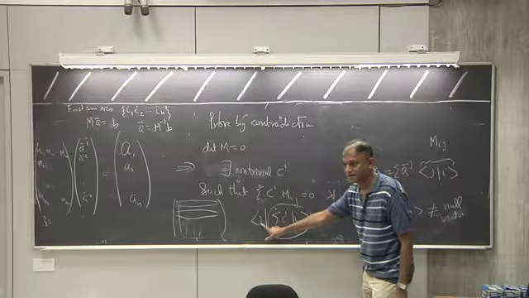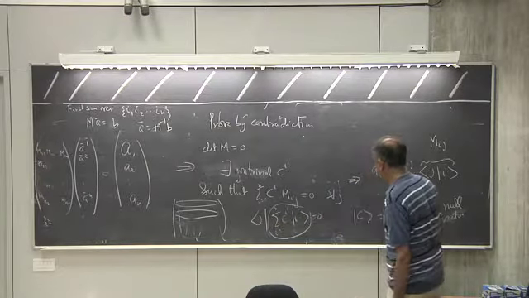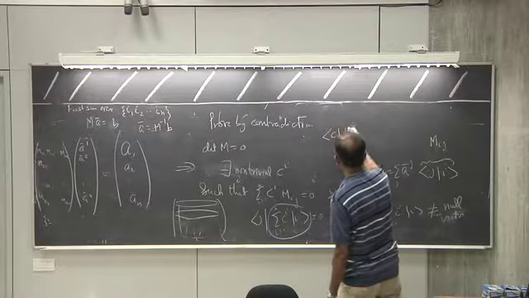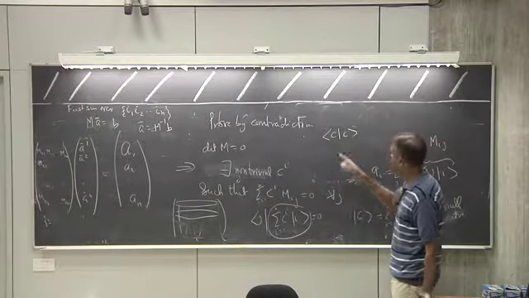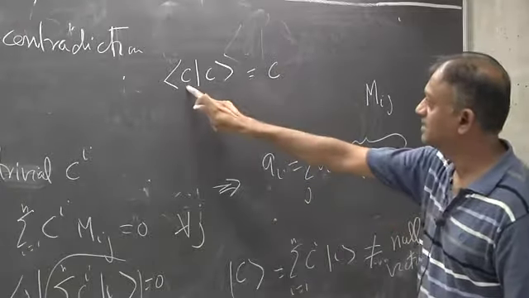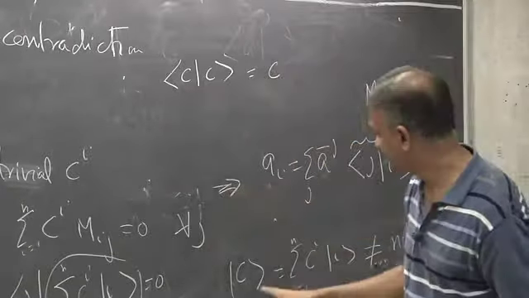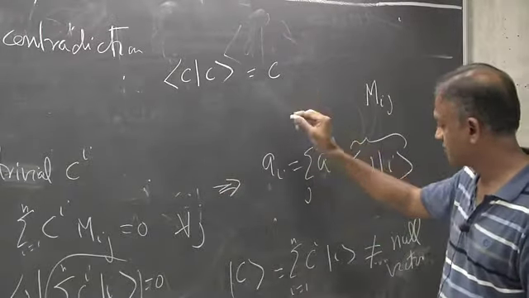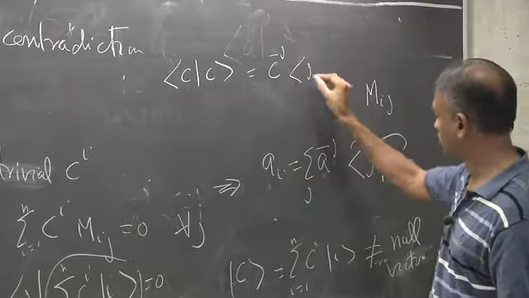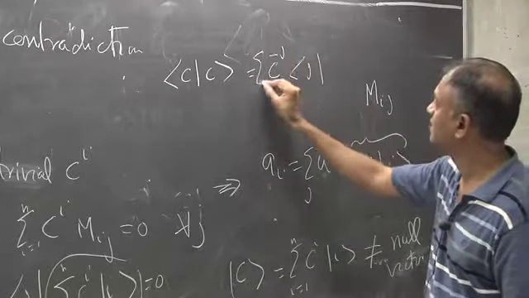Okay. So in particular, if you take C with C, right? What is C with C? Take the dual of C. If C is this, the dual of C is C bar j times the dual of j, summed over j.